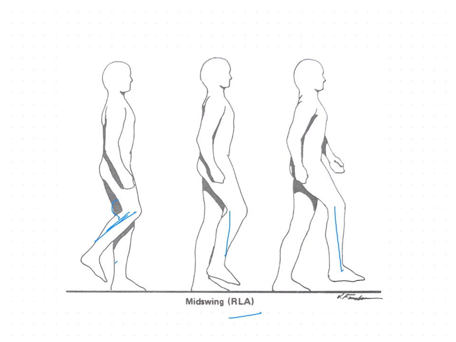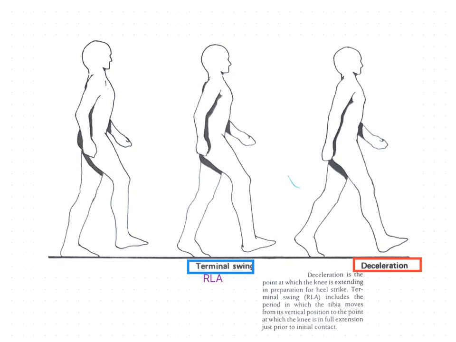Okay, so what is the next phase, related to the traditional term? That is deceleration. Here you can see the deceleration. In RLA this is called terminal swing.